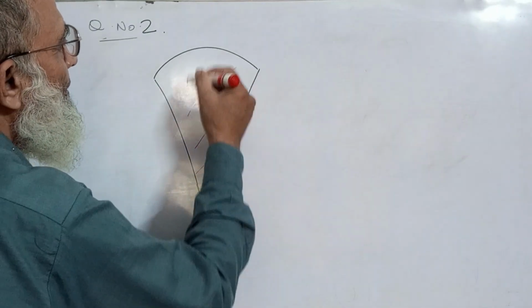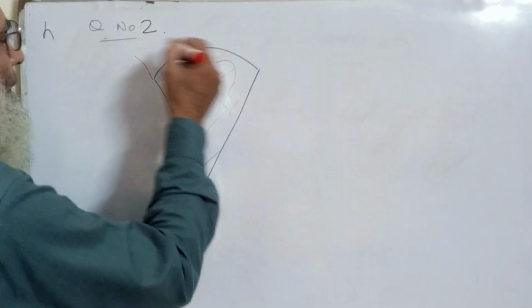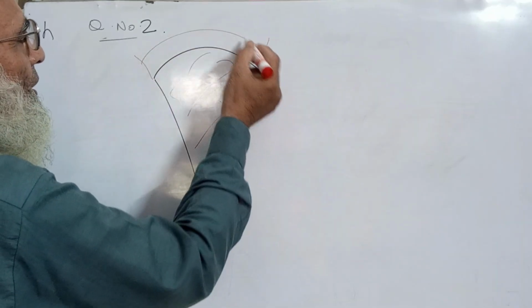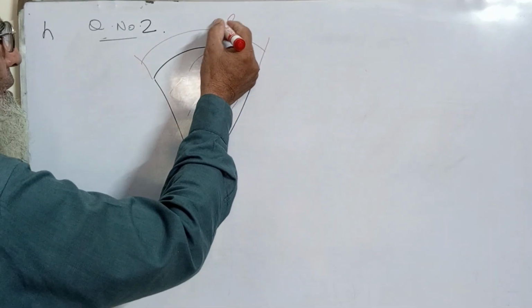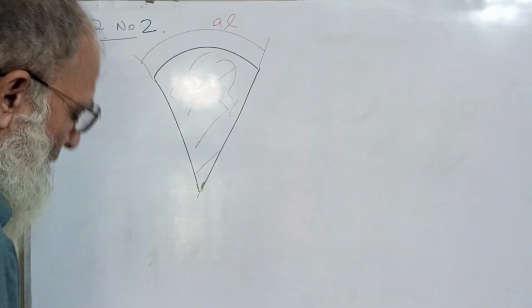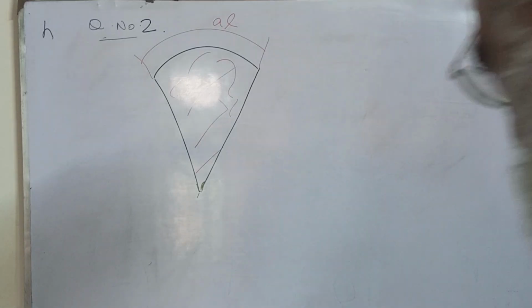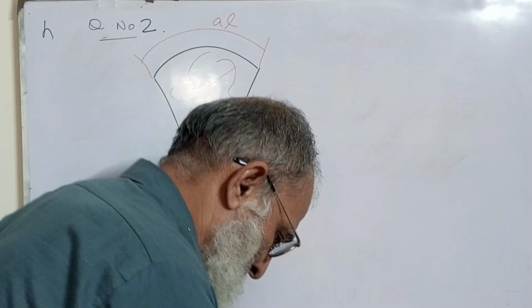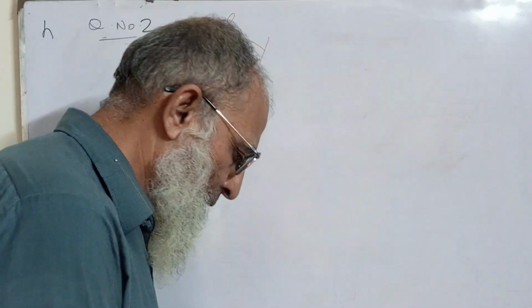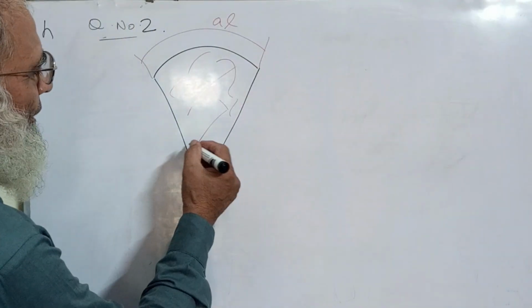This is the colored region and arc length is this. So it is easier than the previous one. The angle is given, 70 degree.